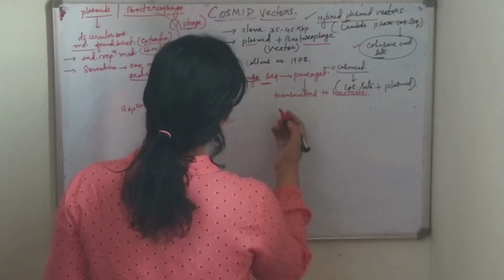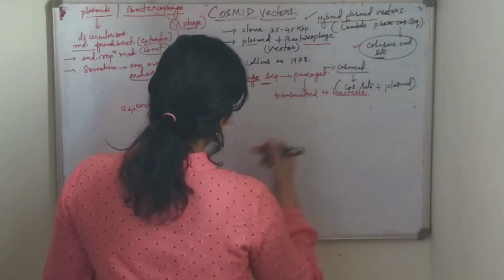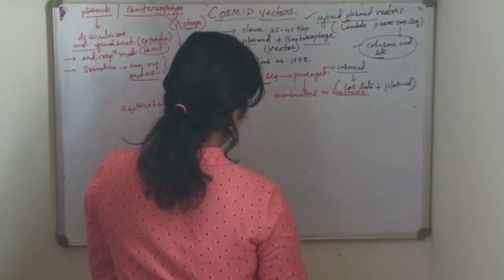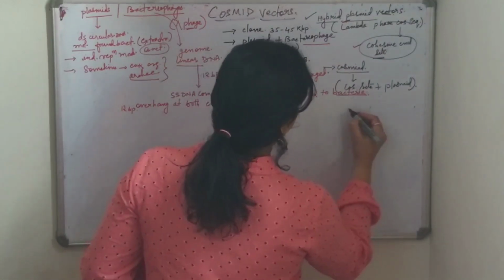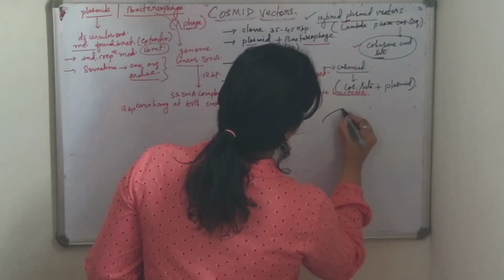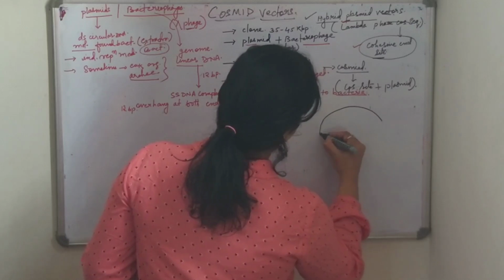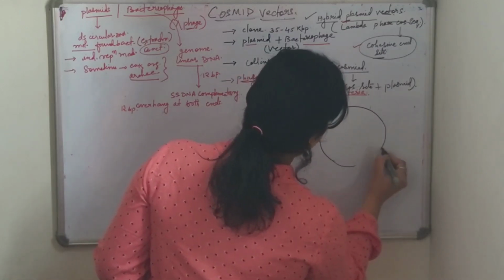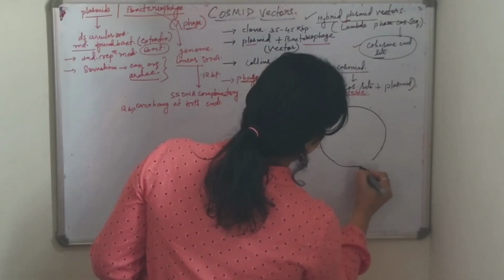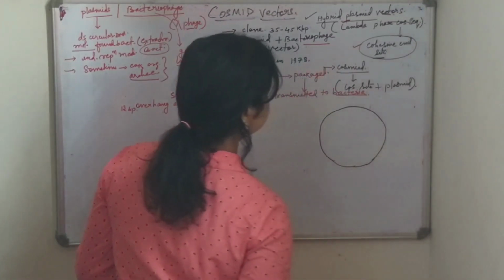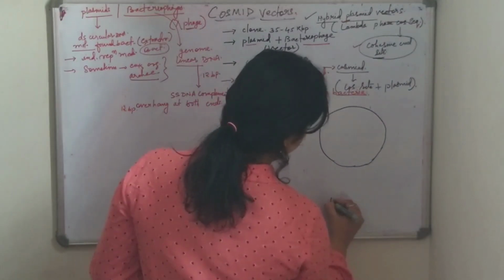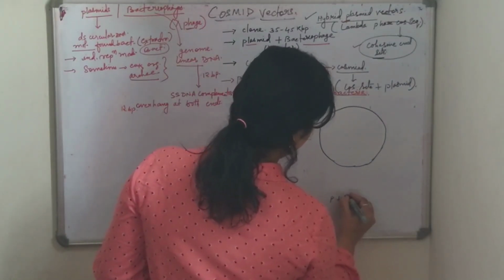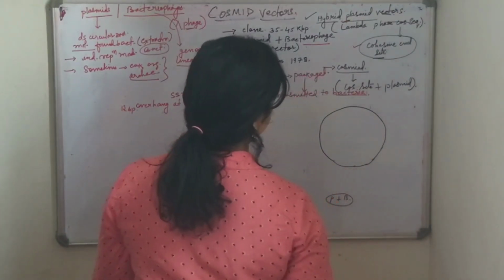Now let's discuss its structure. This is the cosmid, which is developed by combining the features of plasmid and bacteriophage vectors.